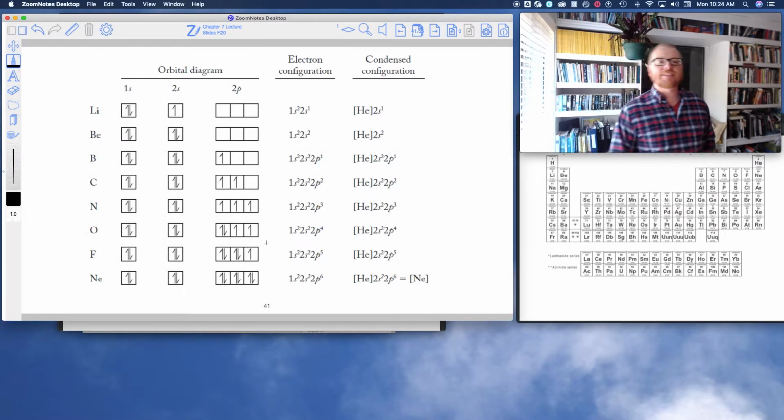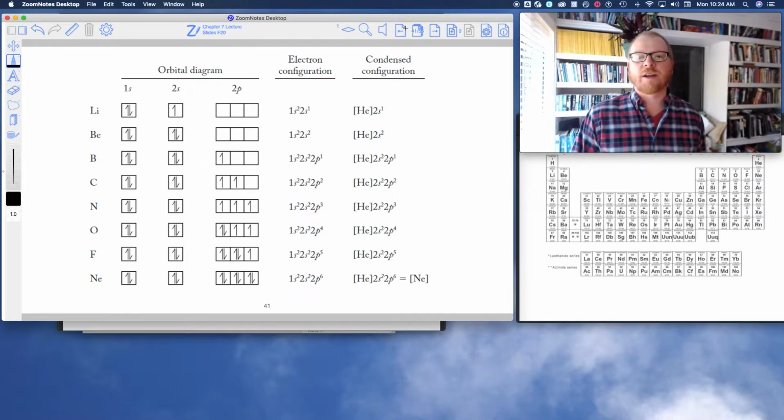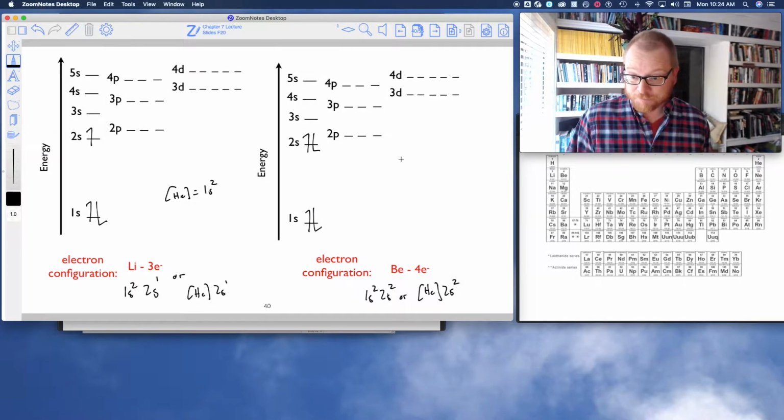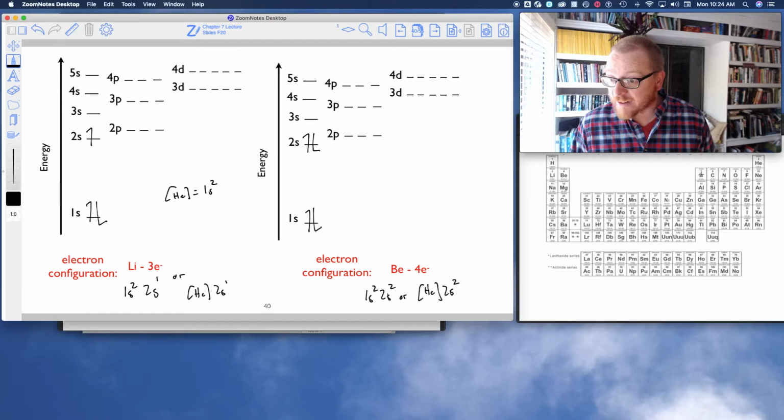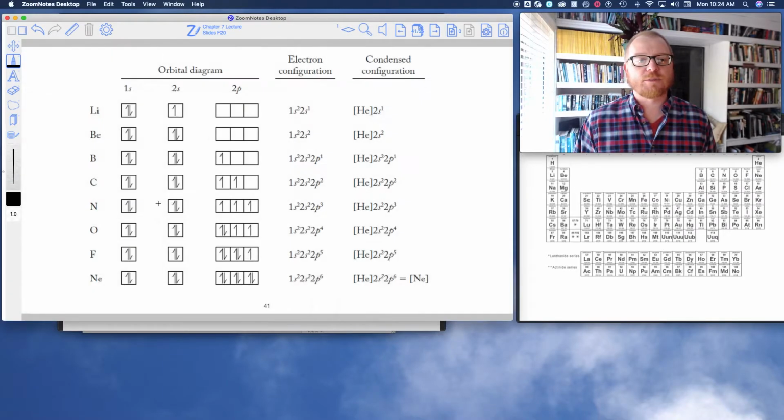Okay? And as you can see now, what I've done instead of going through all of those one by one, which I could, right? If I were to go to boron next, then boron is going to have a p electron. Okay? So here I'm showing the diagram for you just slightly different, only showing you the 1s, 2s, and 2p. Okay? So, but now as you can see what happens, right?